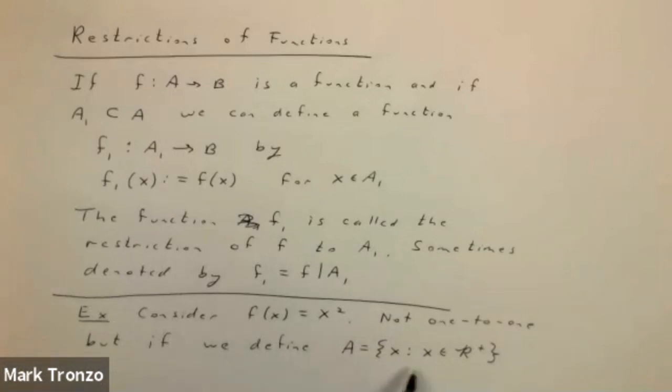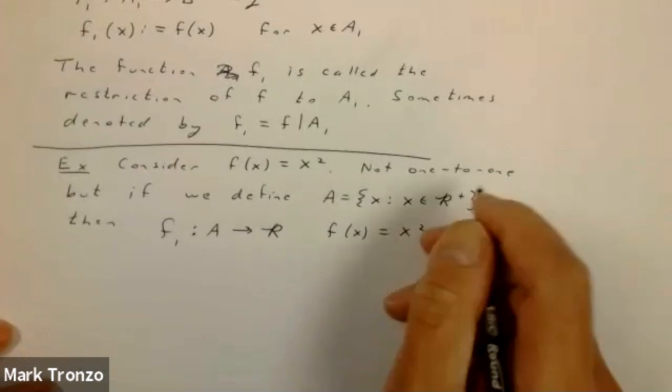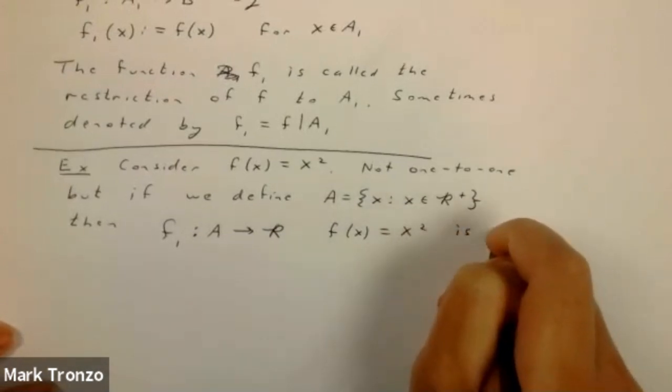So in other words, that's going to be the domain now. Then f1, which goes from A to the real numbers, which is f of x equals x squared, is an injection, is one-to-one.